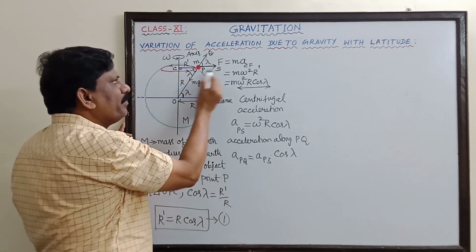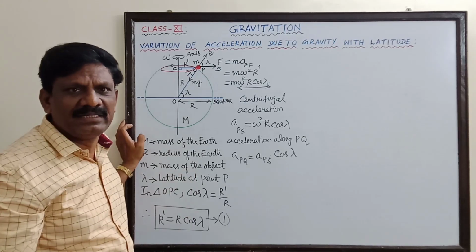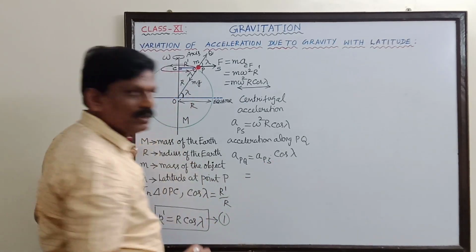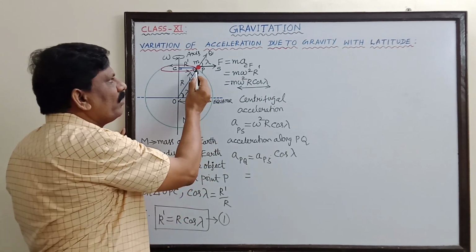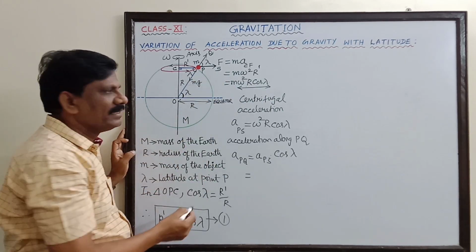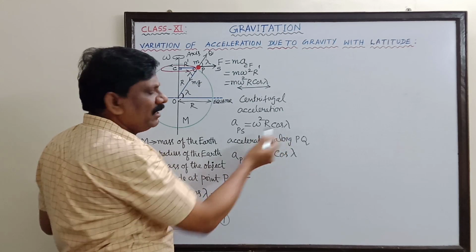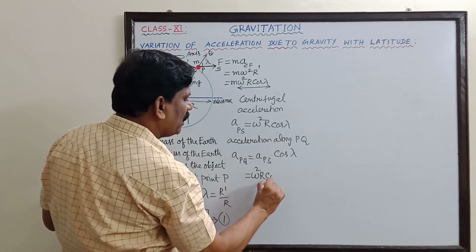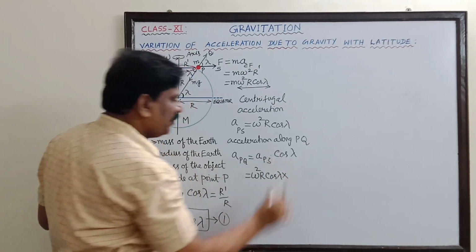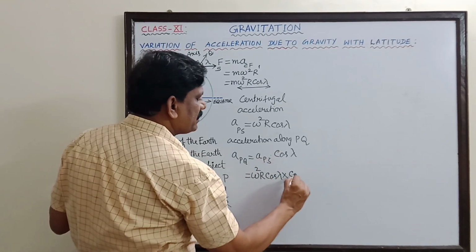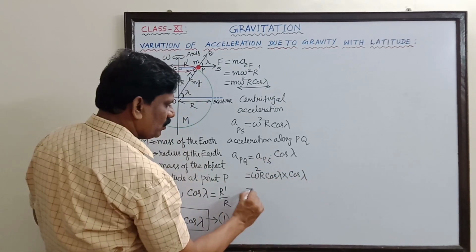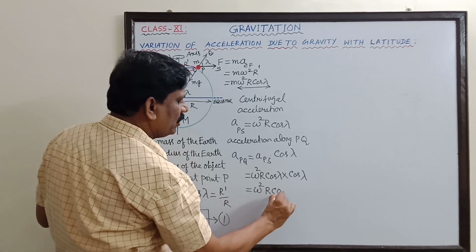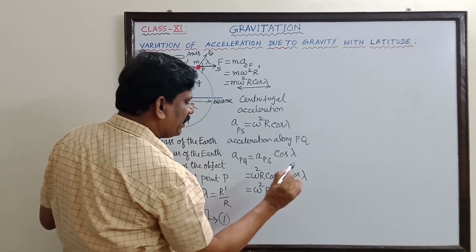The centrifugal acceleration along PS is omega square into r cos lambda, multiplied by again cos lambda. So this is equal to omega square r into cos square lambda.